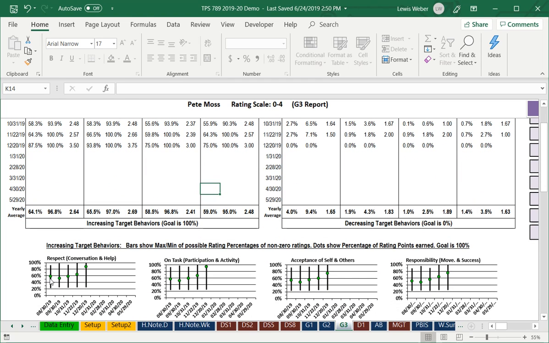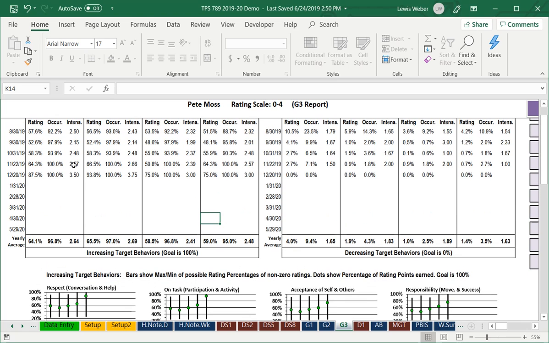Even though this is a percentage graph, the table is going to present this in terms of an average rating. So a 4 here for intensity would be at the top of the bar, and that could be represented as a percentage if you wanted to read it that way, but it's simpler and easier to think about it in terms of its intensity as an average.